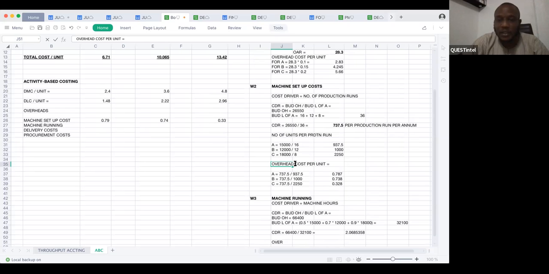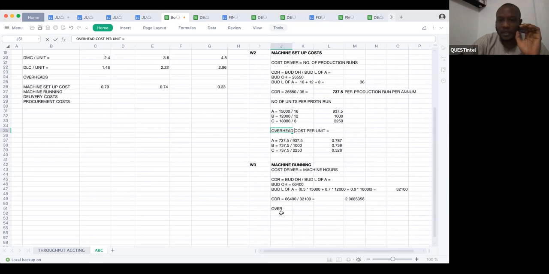Just remember that there's the ones that are volume driven, which will be calculated the way we calculated work 3, while there's the one that is specific activity driven, which will be calculated the way we calculated work 2. So work 3 is volume driven, work 2 is specific activity driven. Once you can do that, there's nothing more to do. This is really the crux of your work.